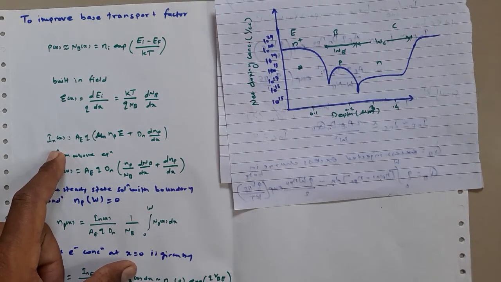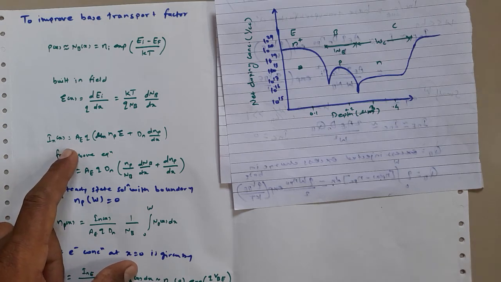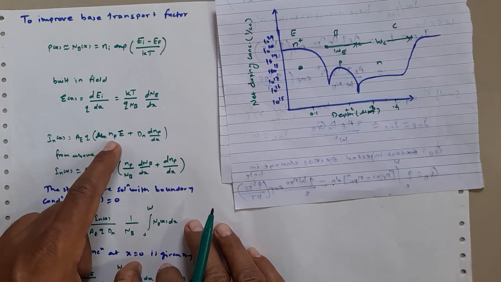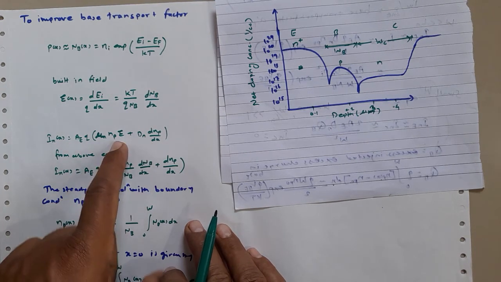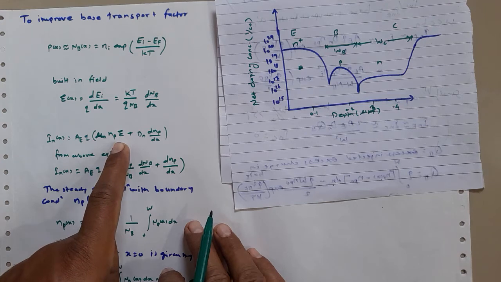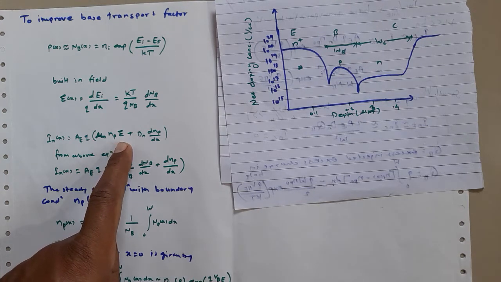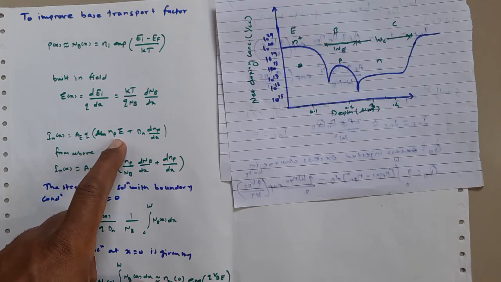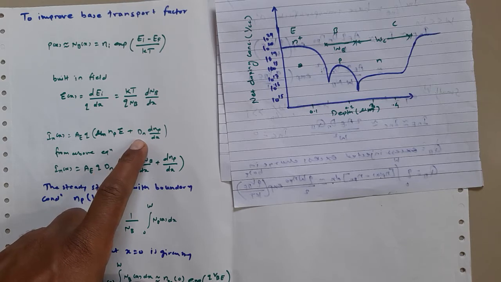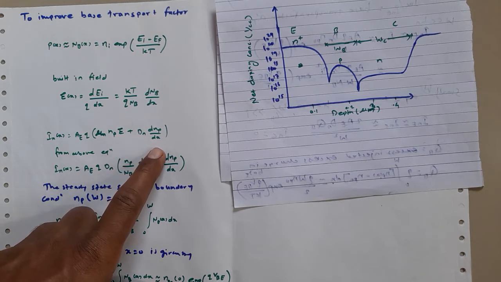Now the electron current includes both factors: the drift component coming from this electric field, and the diffusion component. The total current becomes In of x equal to A e q times mu n times np into electric field plus Dn dnp by dx.